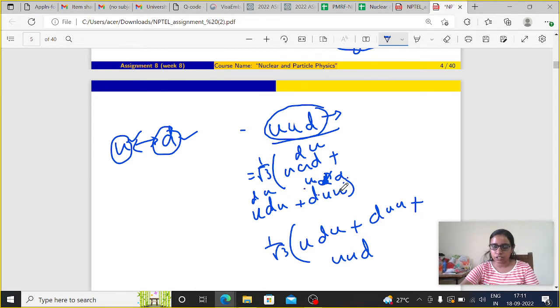So UDU then DUD. So UUD will be there. Just see here, these three terms are very similar to the final term. That means it is invariant under that replacing of U to D and D to U. So that's why it is called fully symmetric. Okay.